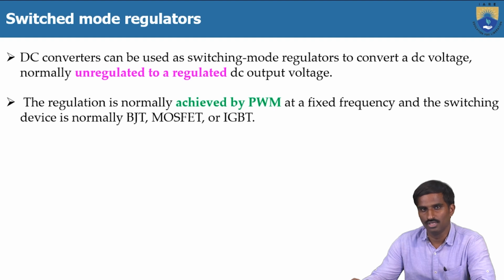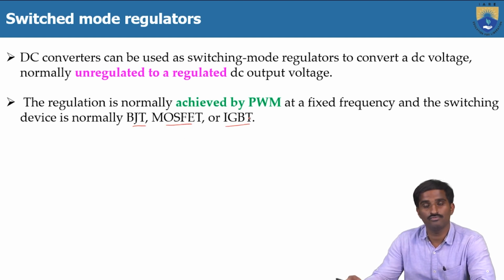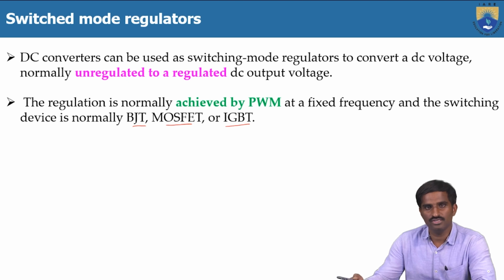Because the thyristor is a semi-controlled switch, but BJT, MOSFET and IGBT are fully controlled switches, which means we can control both turn on and turn off. Then how can we achieve this regulated DC supply? Usually by using a PWM technique at a fixed frequency. PWM means pulse width modulation technique.